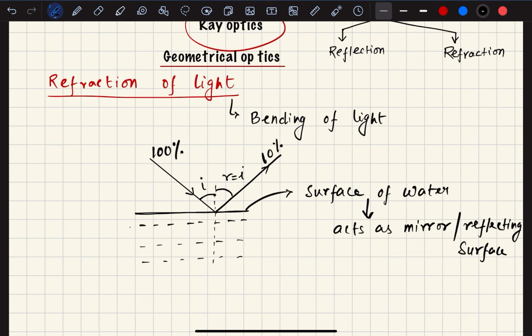But you know this water is a transparent medium, that is, it allows light to pass through it. So if it allows light to pass through it, definitely a major part of light is going to go inside water. Otherwise the fish and the marine lives will never see light, right? There are many marine lives which are lying below water. So how will they get light?